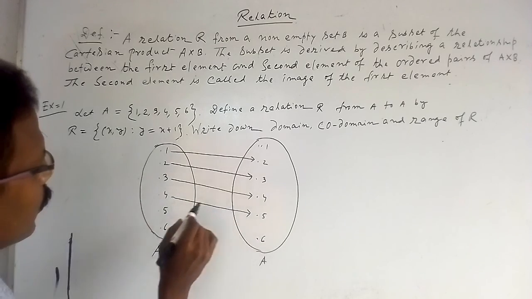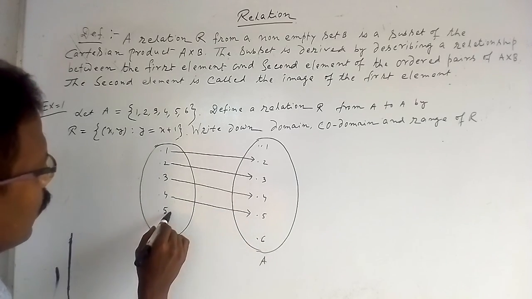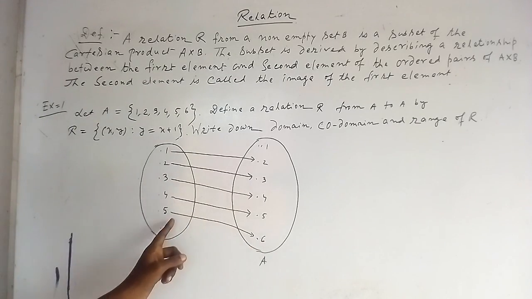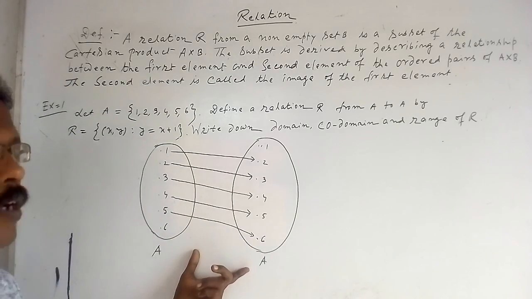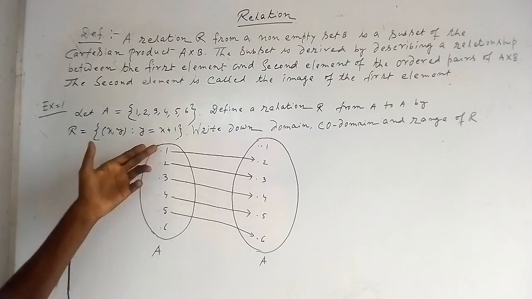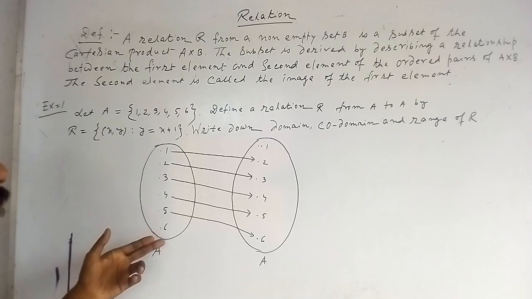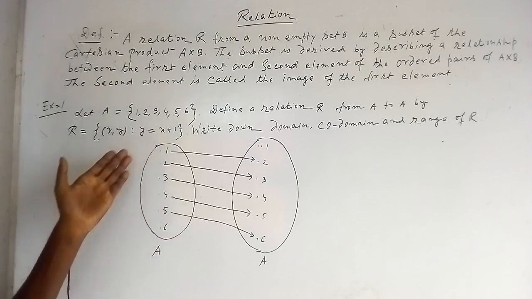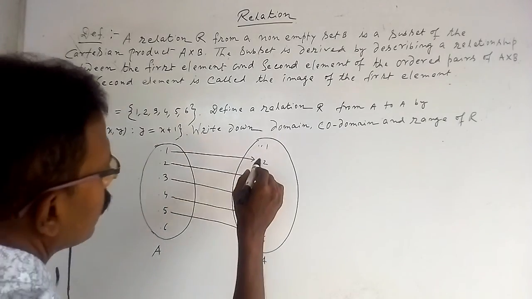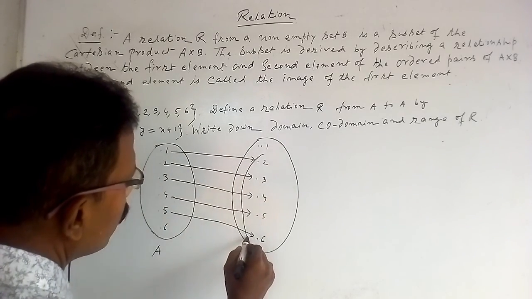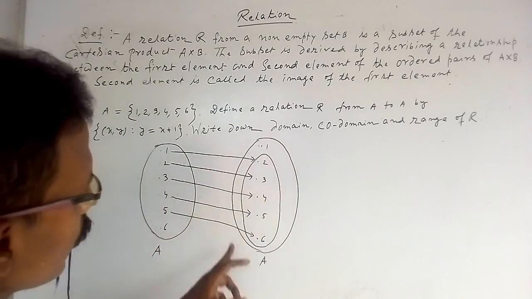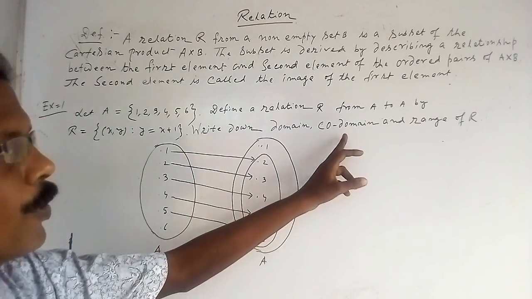Therefore 3 and 4 are related. 4 and 5 are related, and 5 and 6 are also related because 6 is 1 more than 5. Now I think you have understood the relation between these numbers. These are called first elements, and this set is called the domain, and this set is called the range, and the whole set on the right hand side is called the codomain.